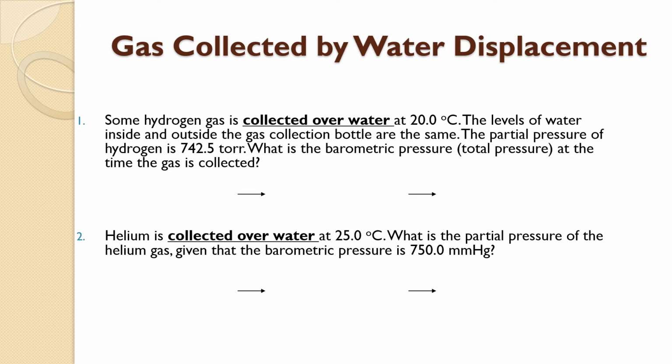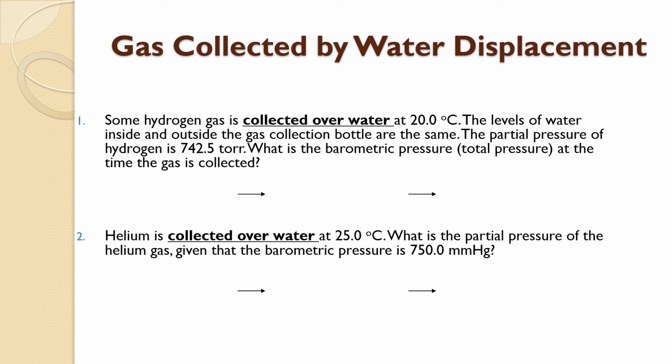In the chart, you can look up the pressure of the water at 20 degrees Celsius. So you may have to pause and reference back to the table to make sure you can find that exact amount. Now remember, in the chart, it gives your pressure in millimeters of mercury and or kPa. Because torr is a 1-to-1 ratio with millimeters of mercury, you can go ahead and use that column.